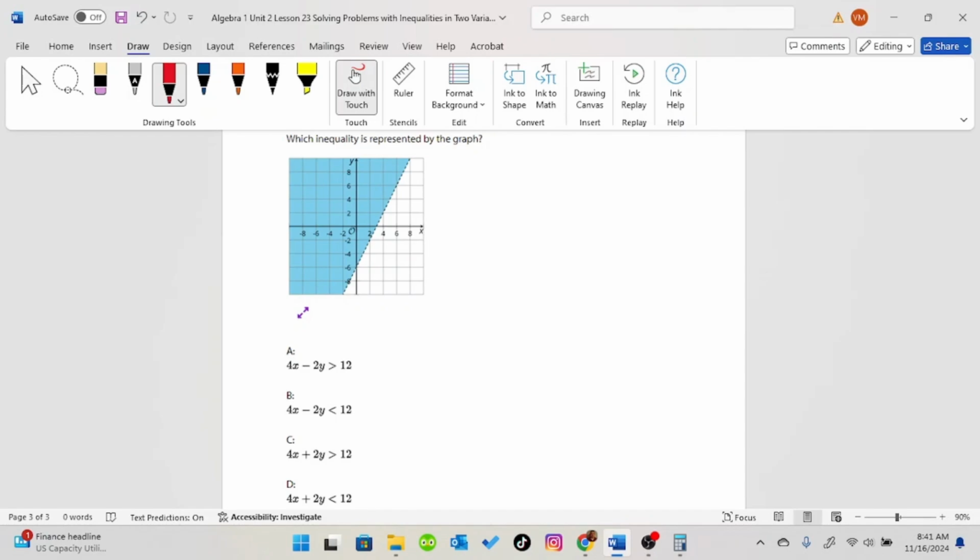C and D are both 4x plus 2y. And the other difference is that these are either going to be greater than 12 or less than 12. My favorite point to try is the origin, (0, 0). So let's try that in both of these variations on the left and see what we get.